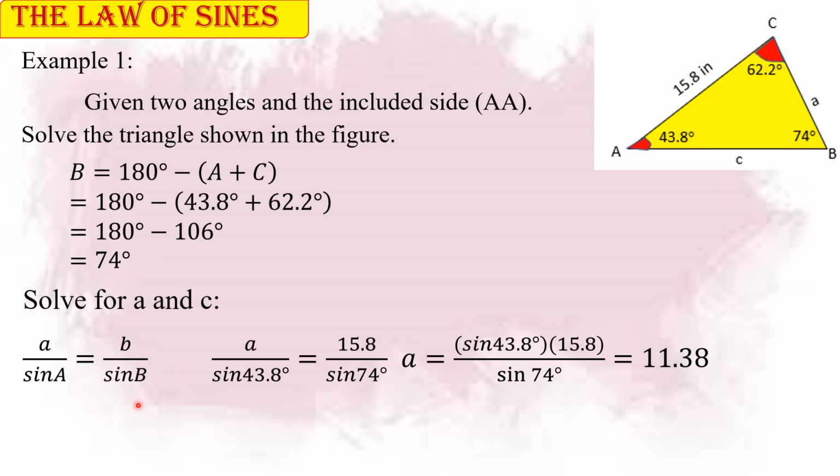Siguro nagtataka ka kung bakit B yung ginamit ko. Ma'am, why B? Okay, so as you can see in here, ano yung side na may given or may measurement or may value? Yung may value dito is CB or side B. So, paano na nga ba ulit tumingin ng mga sides?